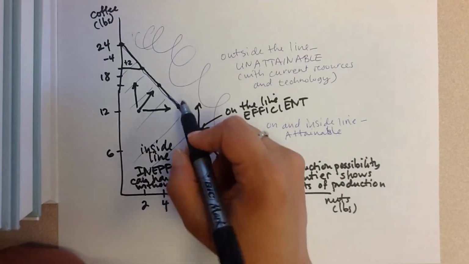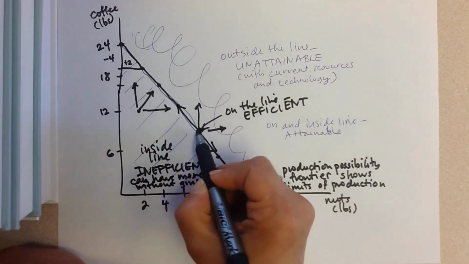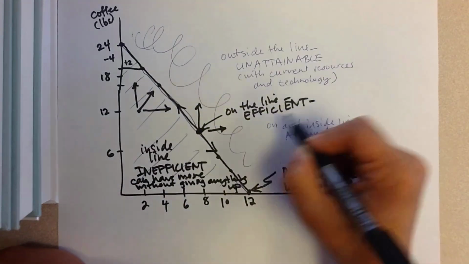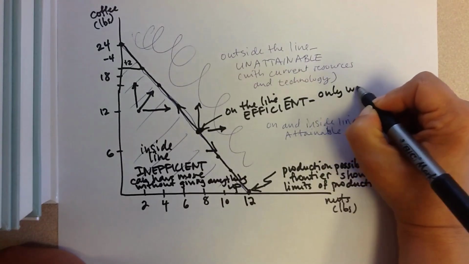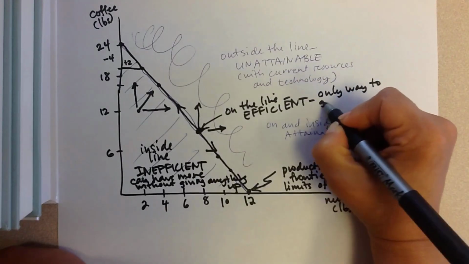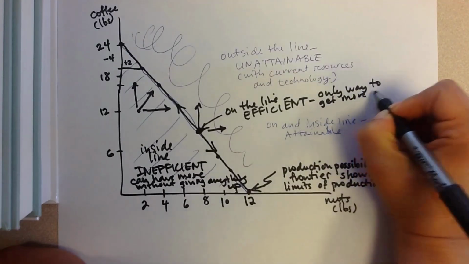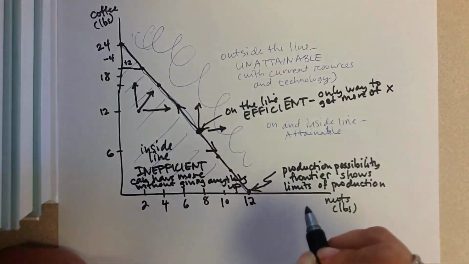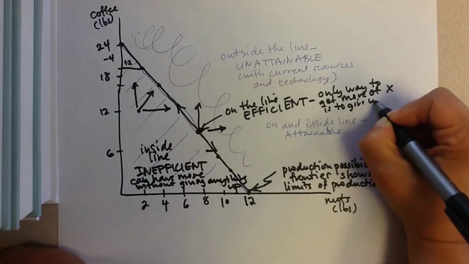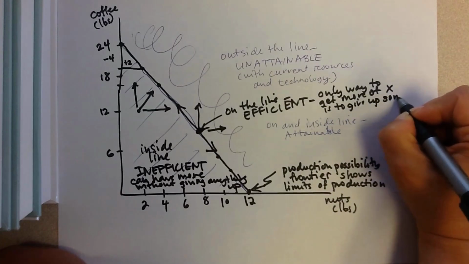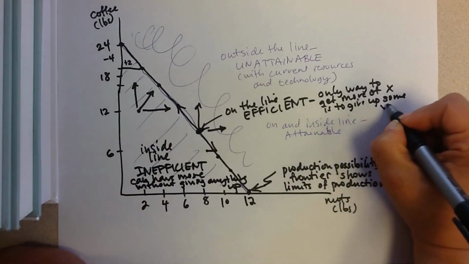We can get coffee, but we have to sacrifice some nuts. So it's efficient because the only way to get more of one thing is to give up some of the other thing.